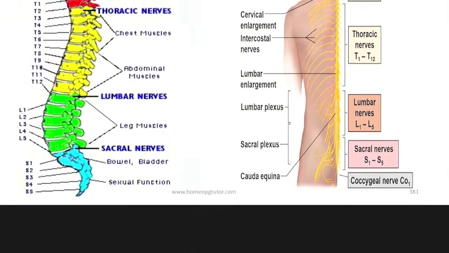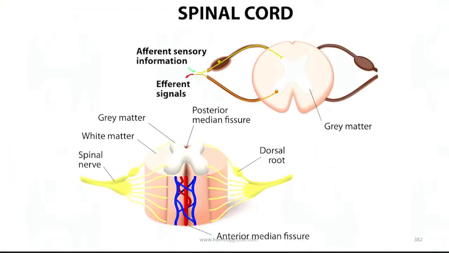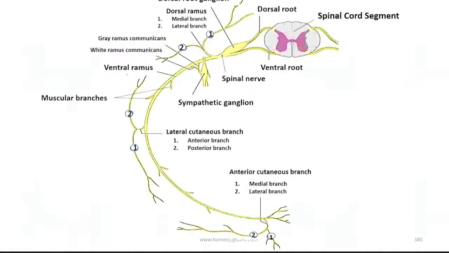Now the major thing you need to remember about the spinal cord is that there are portions where it enlarges. We have a cervical enlargement and also a lumbar enlargement. The spinal cord is not a straight rod. At the cervical area there's an enlargement, somewhat like this.